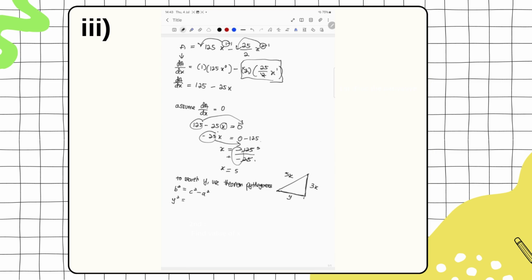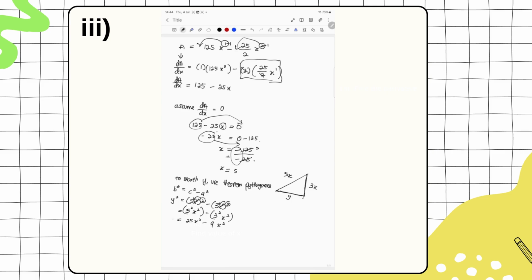So y squared is equal to (5x) squared minus (3x) squared. Most students will make a mistake here since they will only square the number, but the right thing to do is to square both in the bracket. So we got 5 squared x squared minus 3 squared x squared. Then we got 25x squared minus 9x squared.